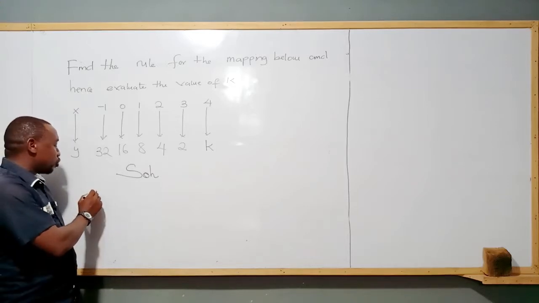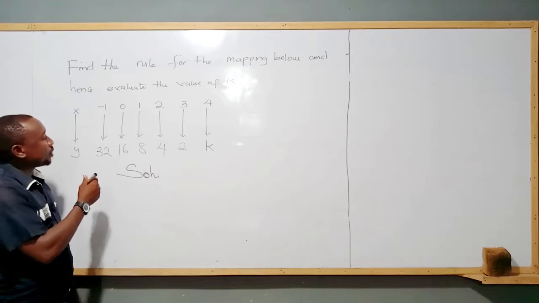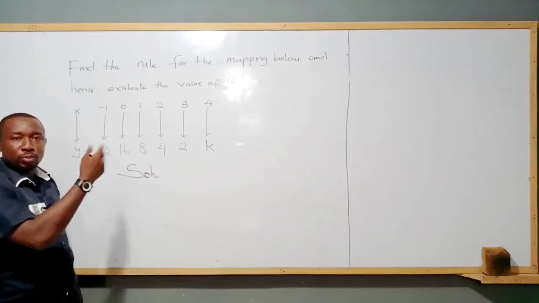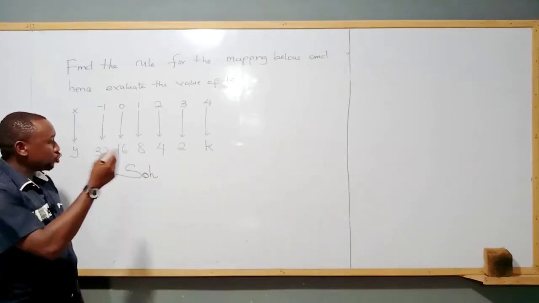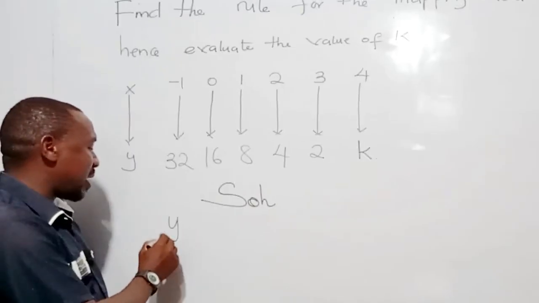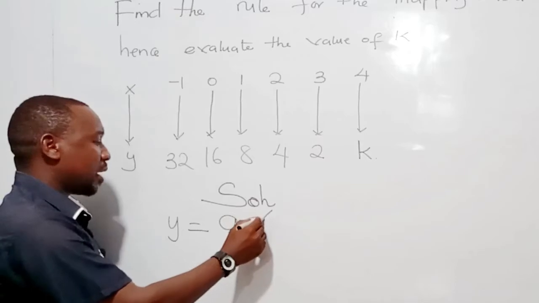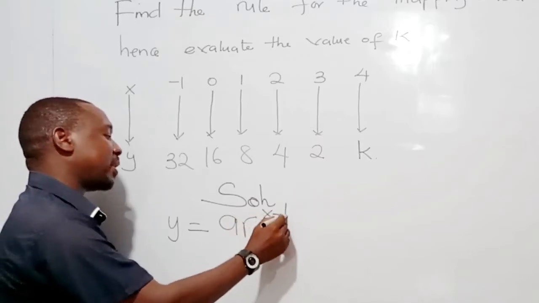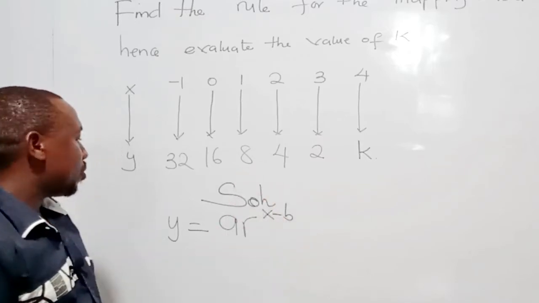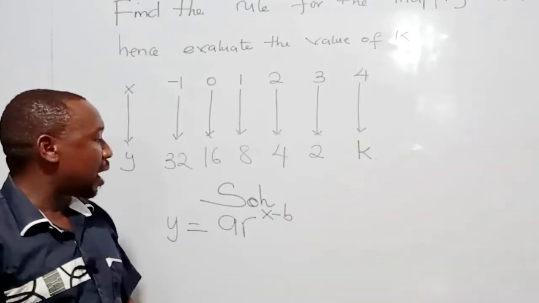There is a general rule that we use to get the exponential rule. And that general rule is given by y is equal to A R to the power x minus b.